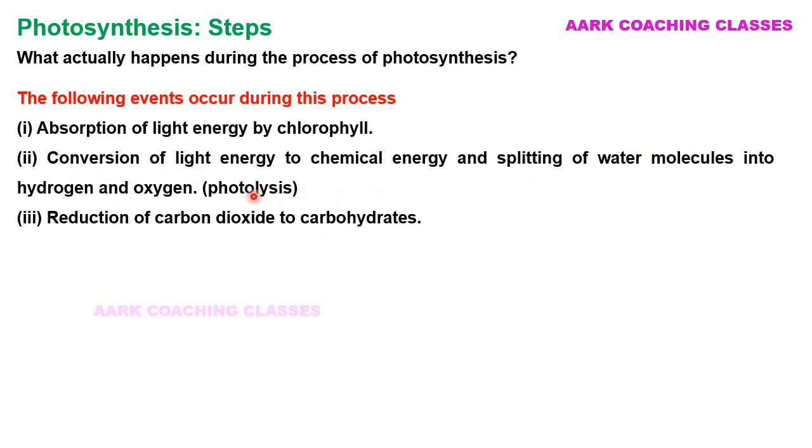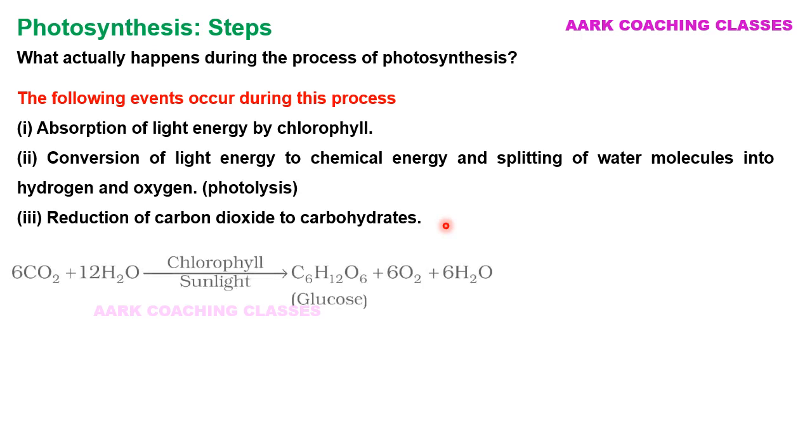Photo means light, lysis means breakdown. Photolysis of water. Then reduction of carbon dioxide to carbohydrates occurs. These are the events that occur during the process of photosynthesis. So carbon dioxide reduction: you have hydrogen atoms attached to this.